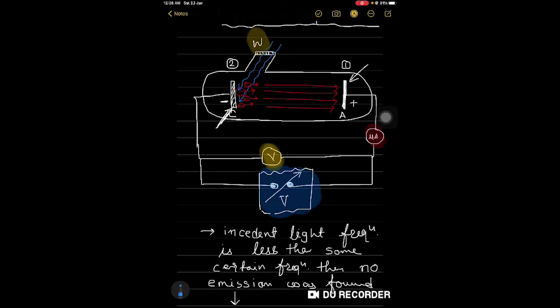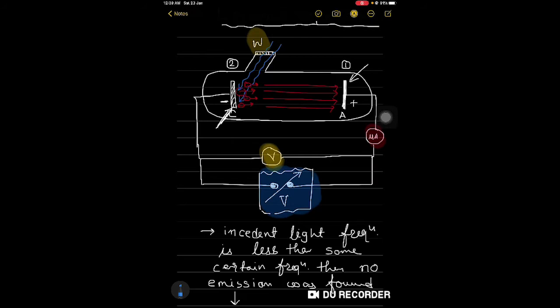Now, the photoelectric current can be increased or decreased by varying the potential of collector plate A with respect to the emitter plate C. The intensity and frequency of the incident light can be varied, as can the potential difference V between the emitter C and the collector A. So in short, we can use this experimental arrangement to study the variation of photocurrent with intensity of radiation.